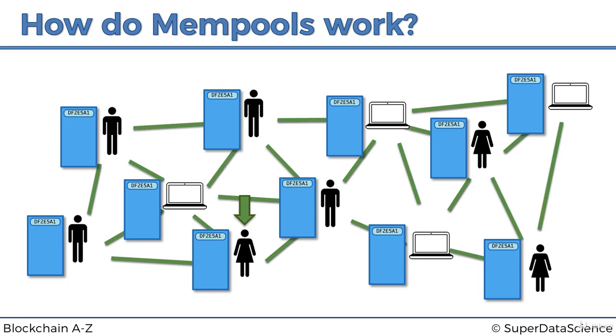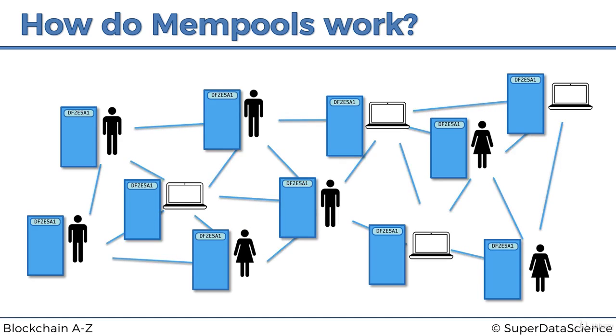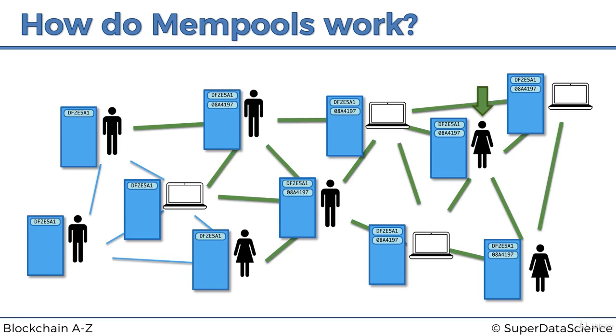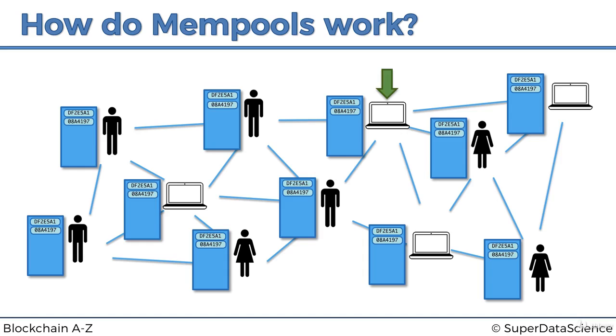That transaction gets added to every single mempool in the network. Then let's say Mary over here also wants to do a transaction, and that transaction gets relayed through the network to every single node as well. Then let's say one of the miners wants to do a transaction. Usually they just mine, but they can also do transactions. Why not?